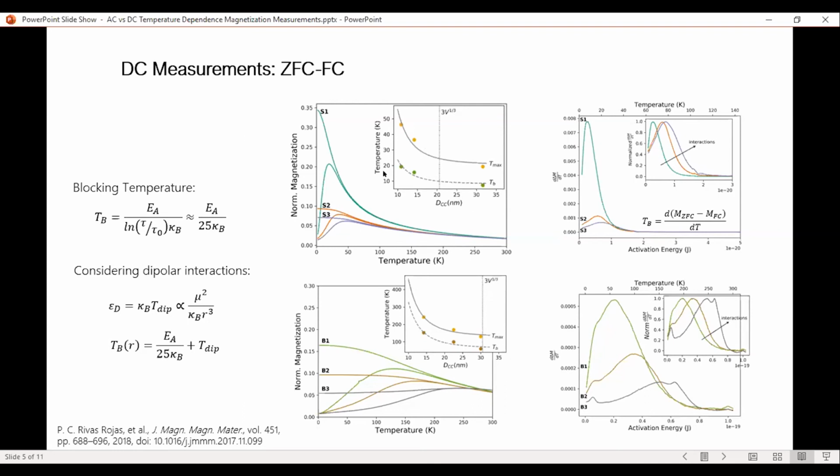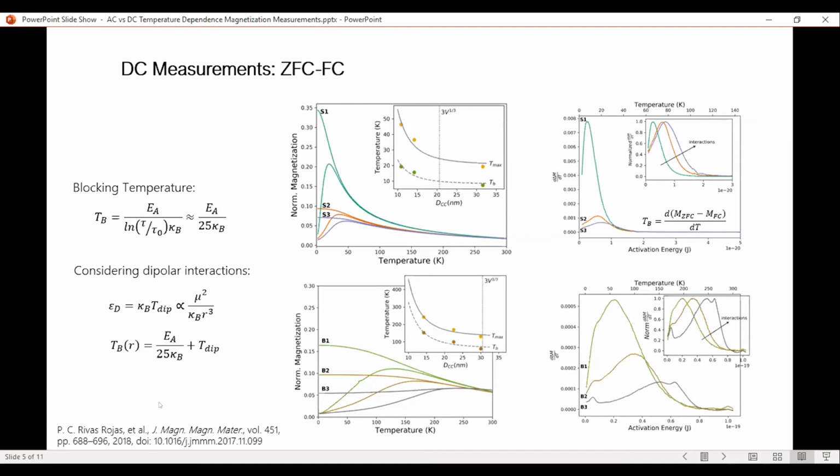And what we did was take the blocking temperature for each nanoparticle sample and fit it against the interparticle distance inverse cubed relation.